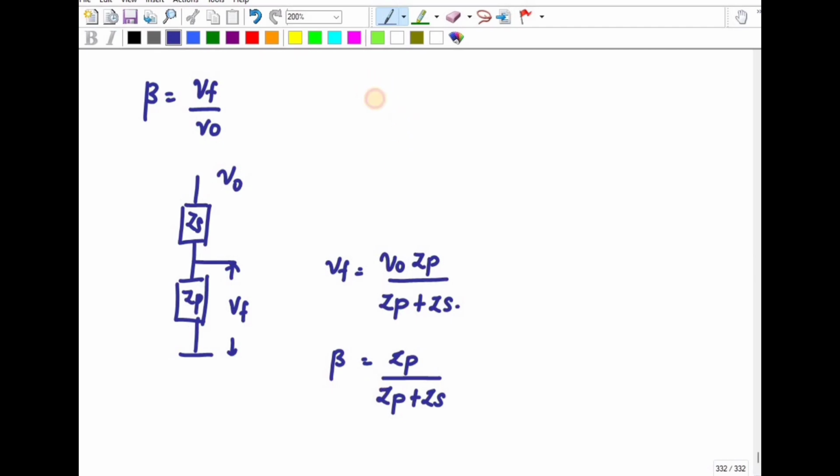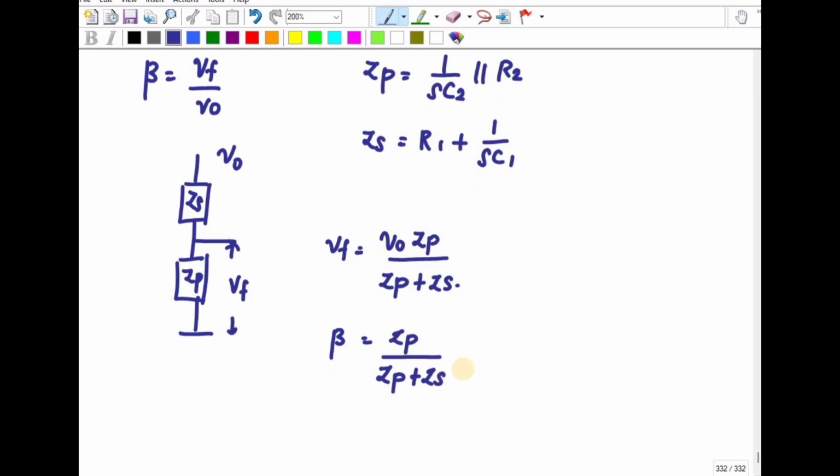So what is ZP? ZP is equal to, I already told you, 1 by SC2 in parallel with R2, and ZS is equal to R1 in series with C1.